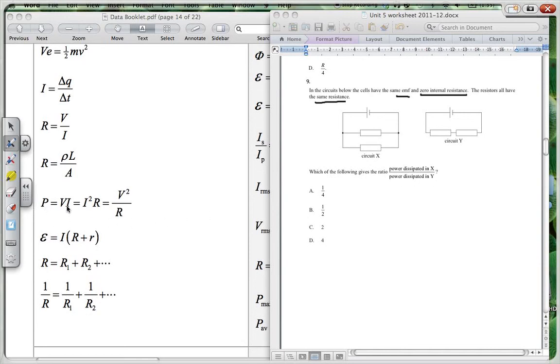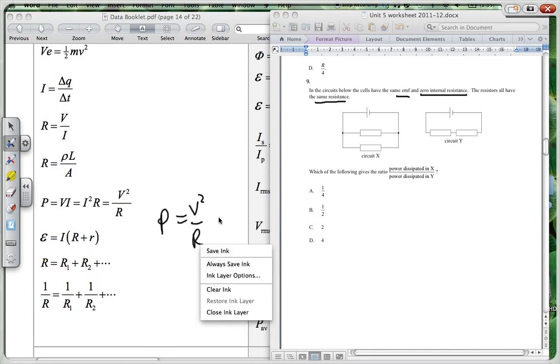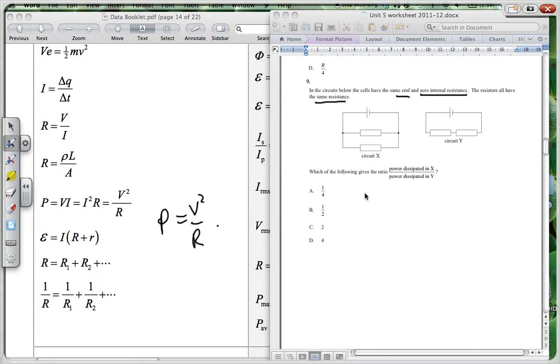I would probably use this formula over here, that power is equal to V squared over R. That's going to be the one that we can use. We know that the V is the same, the EMF is the same. For these over here, let's just say this is 2 ohm and 2 ohm. And this would therefore be 2 ohm, 2 ohm. So here we're going to have a resistance of 4 ohm.